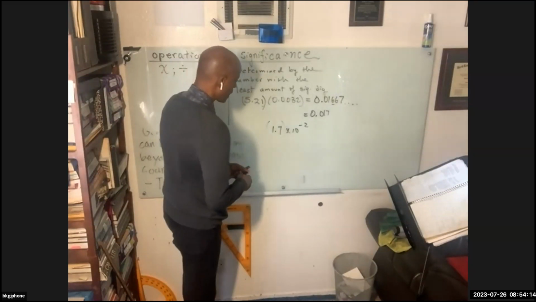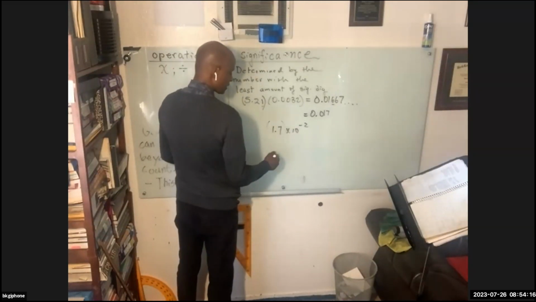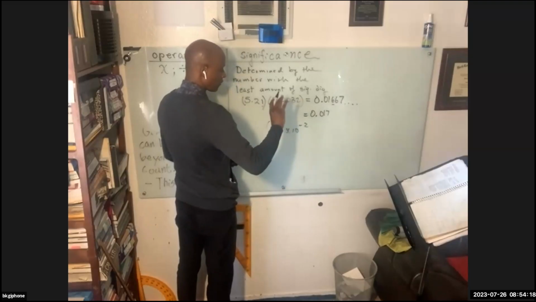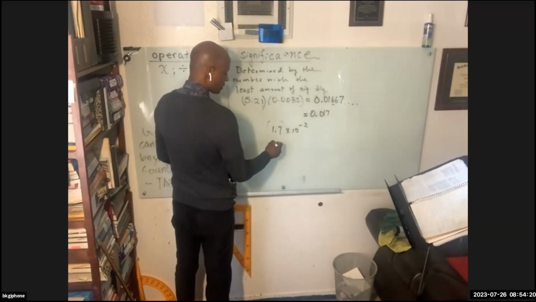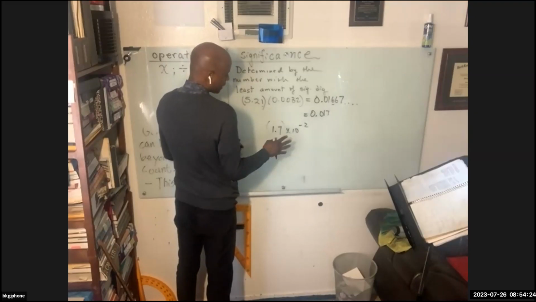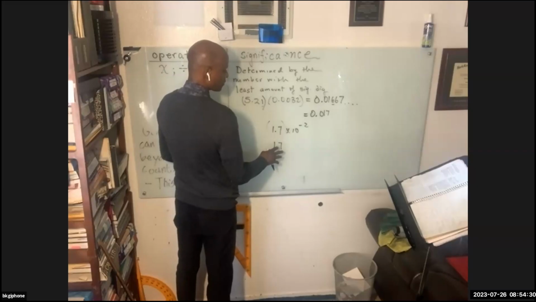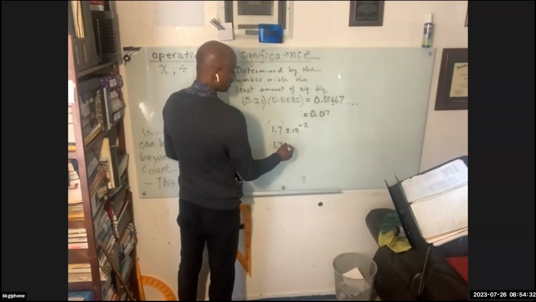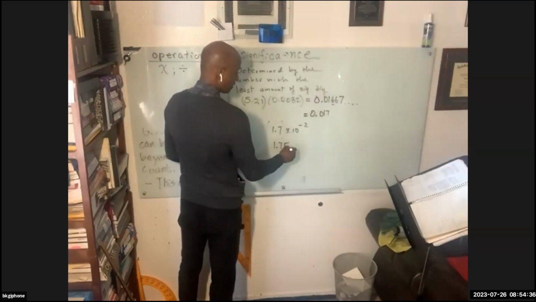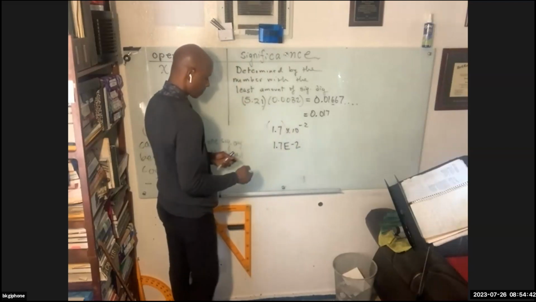So what you have to write for Wiley Plus would look something like this: 1.7. Technically, the argument should still be written to the correct number of significant digits, but then, without any spaces, you write a capital E and then the exponent, in this case -2, without any spacing whatsoever.